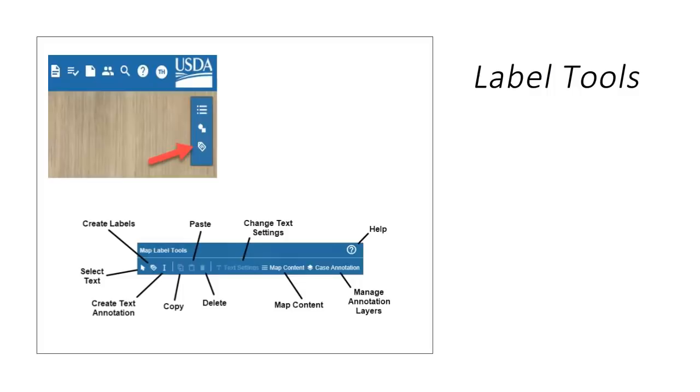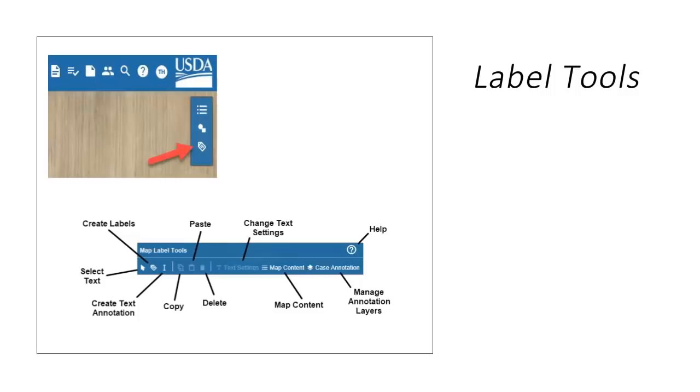The Delete tool allows the user to delete the selected map text. The Change Text Settings tool allows the user to change the style, font, color, etc. of the selected text, labels, or annotations, and edit annotation text.